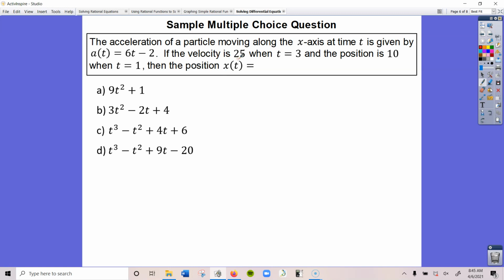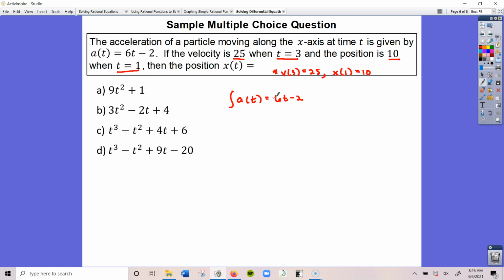Now we are given that the velocity is 25 when t is equal to 3. So this means that v of 3 is equal to 25. And then we are also told that the position is 10 when t is equal to 1. So that means x of 1 is equal to 10. So now we're ready to start this process. So we have that a of t is equal to 6t minus 2.